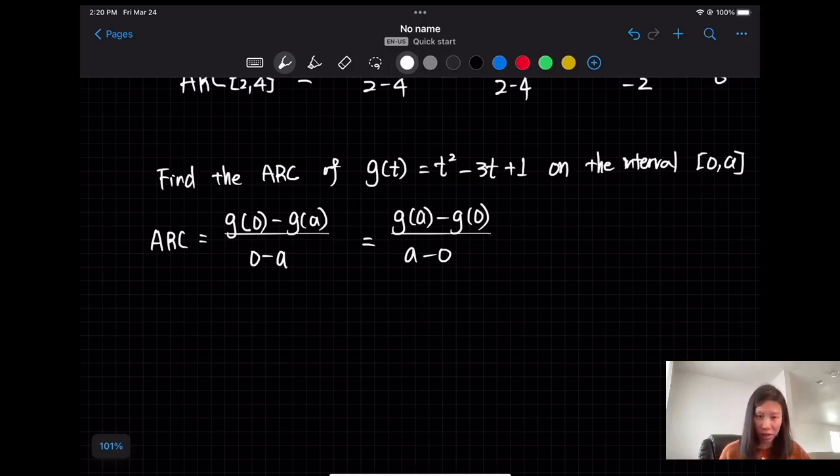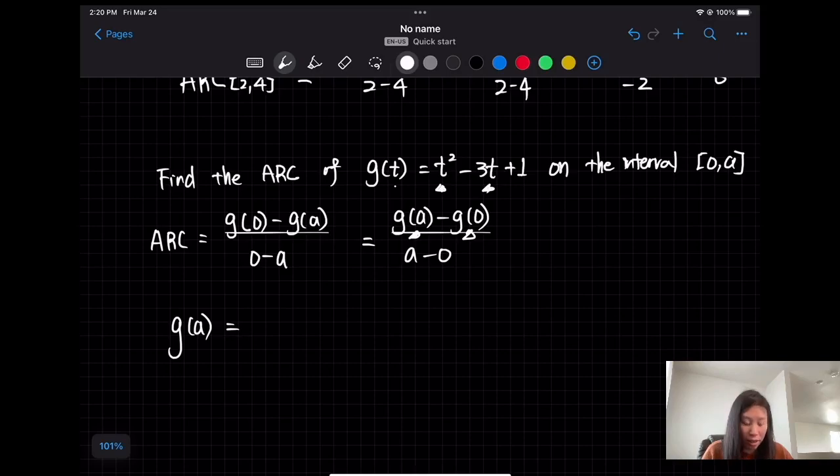We need two things, right? We need to know what g of a equals and what g of 0 equals. Well, g of t equals t squared minus 3t plus 1. So g of t should be what? You substitute every t with a. So g of a is equal to a squared minus 3a plus 1.